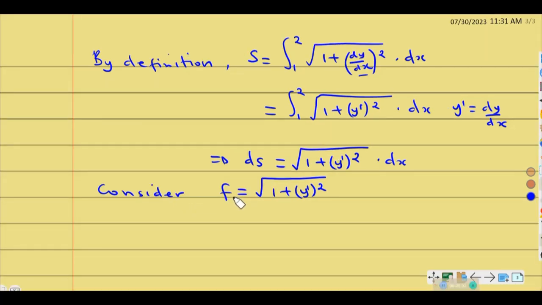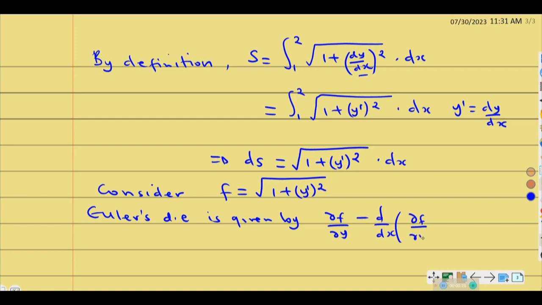Having got our function f, Euler's differential equation is given by del f/del y minus d/dx of del f/del y dash equals 0.